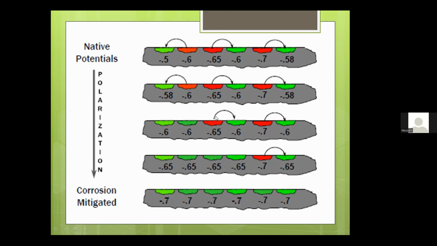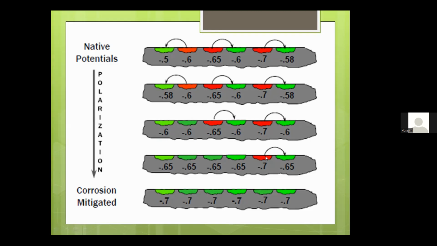Likewise, these cathodic sides have a potential of negative 0.6. As we apply cathodic protection, its potential changes electronegatively to negative 0.65. So corrosion is also eliminated here.